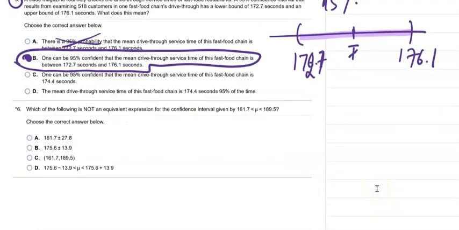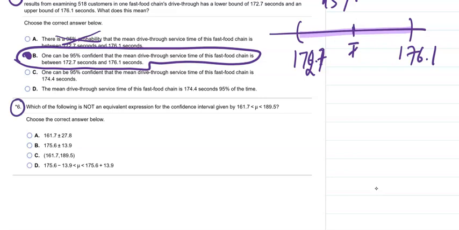Okay, so question number 6, which of the following is not an equivalent expression of the confidence interval? Whatever is given here, that's the interval. The first number here is the lower bound, the second number is the upper bound. So what's the margin of error and point estimate?